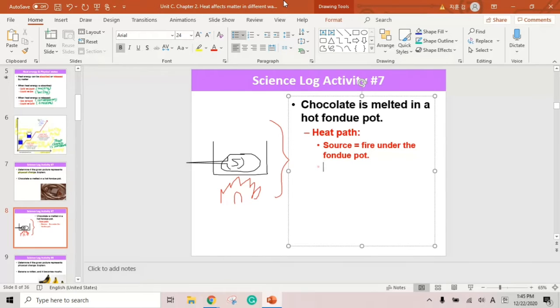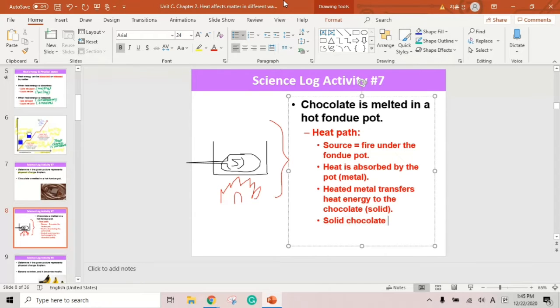And when it comes to its path, heat is absorbed by the pot, which is metal, and heated metal transfers heat energy to the chocolate, which is solid. And after that, solid chocolate absorbs heat energy.